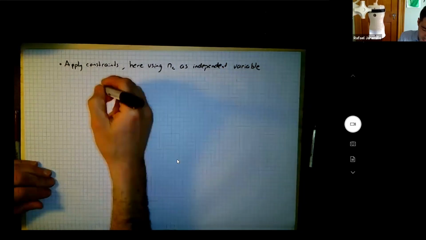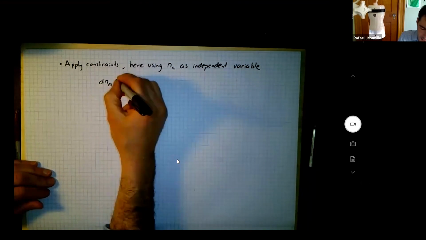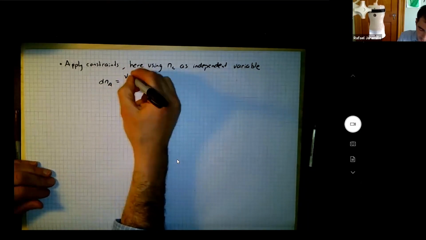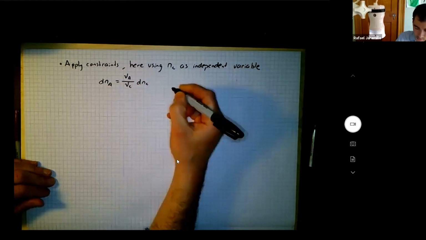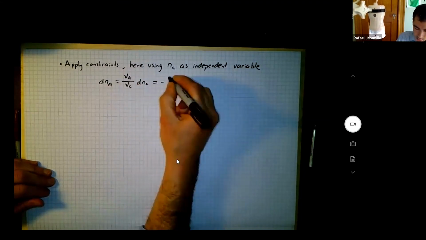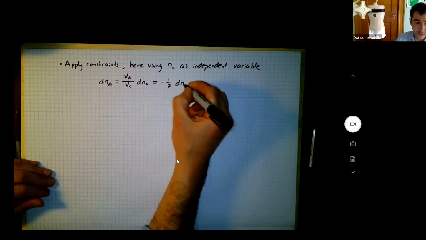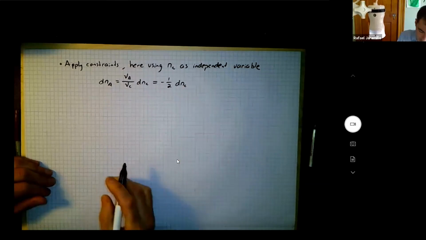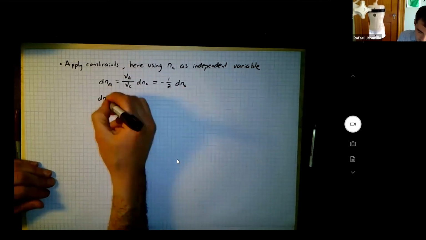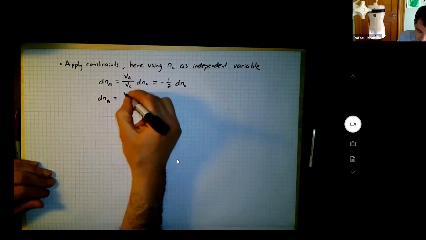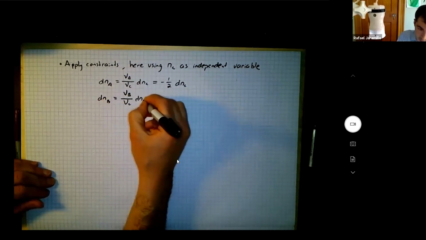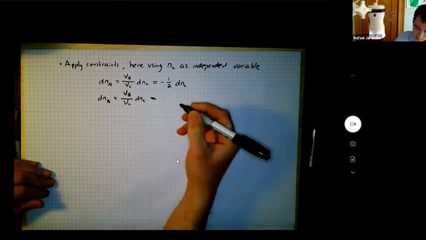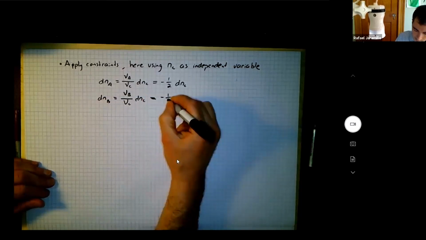So let's see, we have dn of A equals nu of A over nu of C, dn of C equals minus 1/2 dn of C. dn of B equals nu B over nu C, dn of C equals minus 1/2 dn of C.